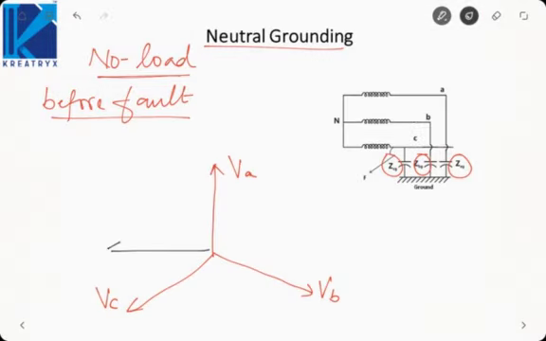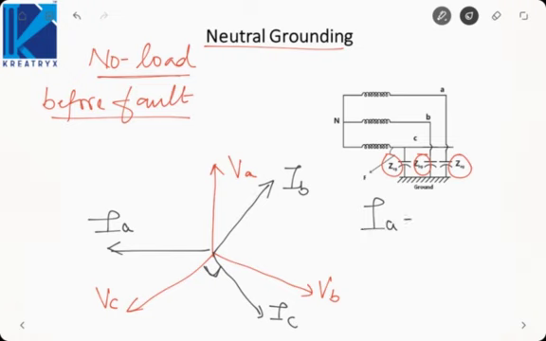So this will be IA, then IB will be leading the VB by 90 degrees, and then this will be IC, like this. Okay, so these will be the line charging currents. IA is equal to IB is equal to IC is equal to I charging.